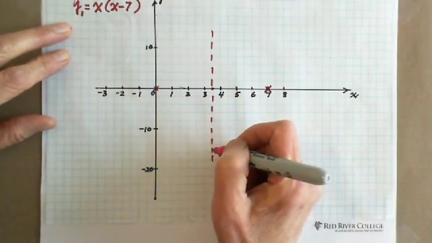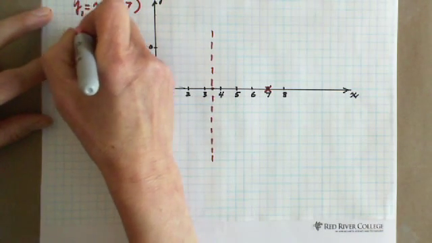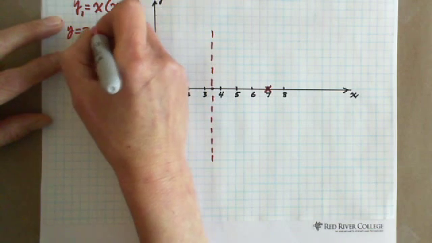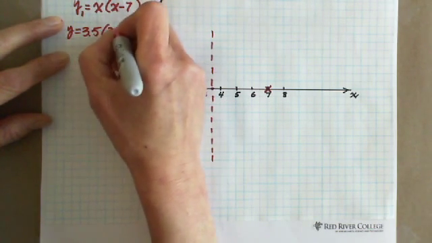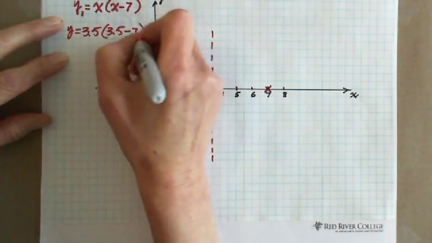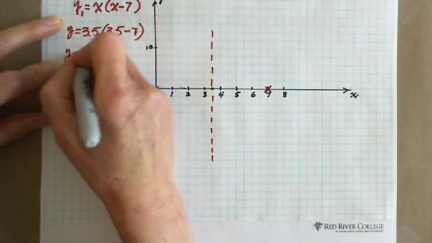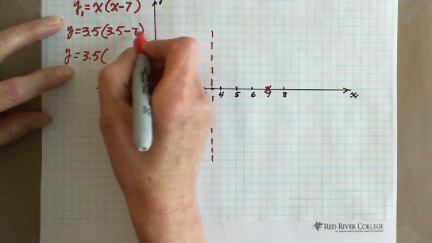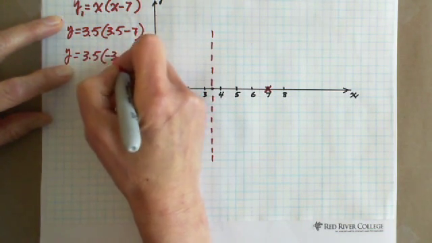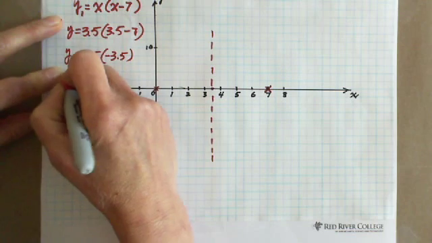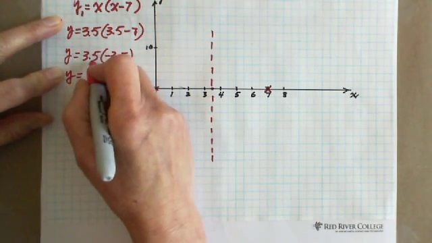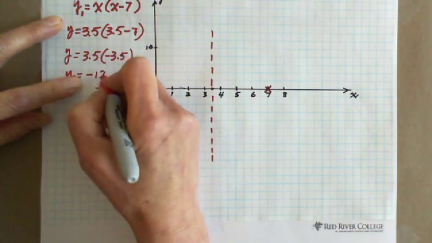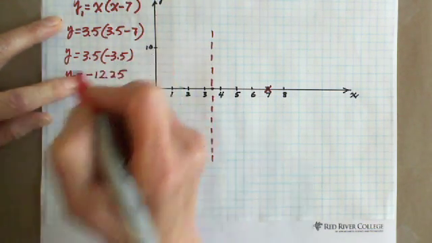And what is the value when x equals 3.5? We can plug in: y equals 3.5 multiplied by 3.5 minus 7, which is 3.5 times negative 3.5, which is negative 12.25.